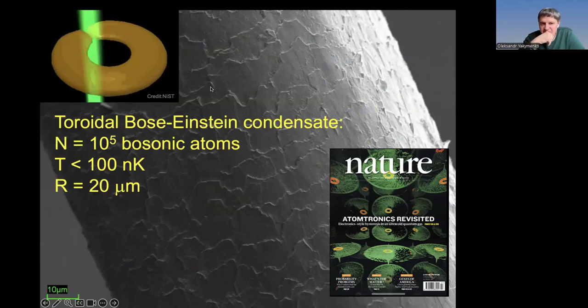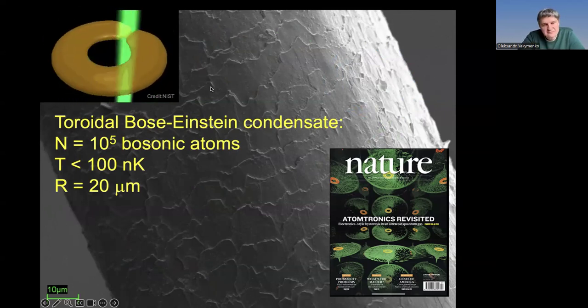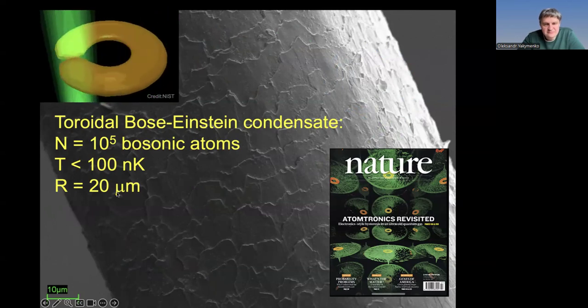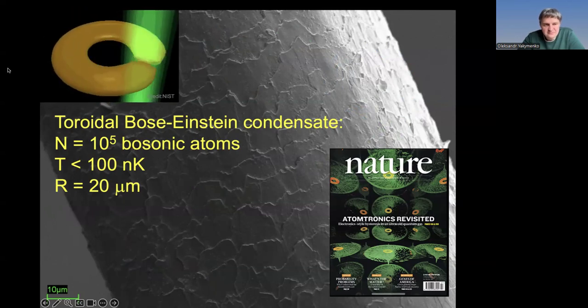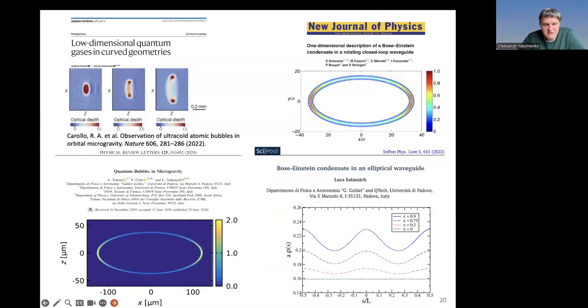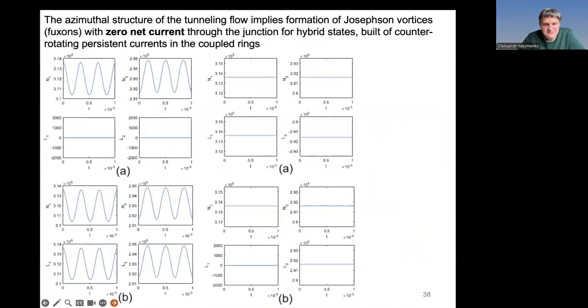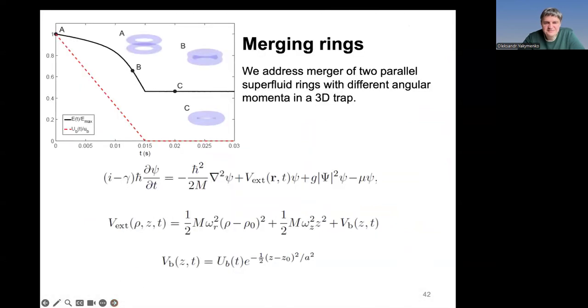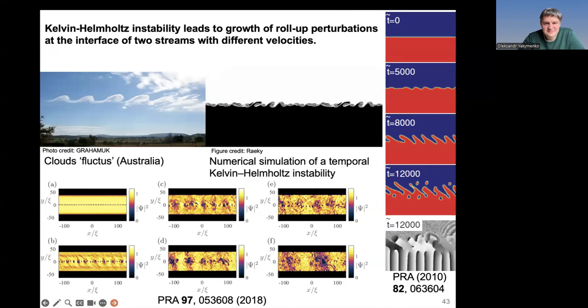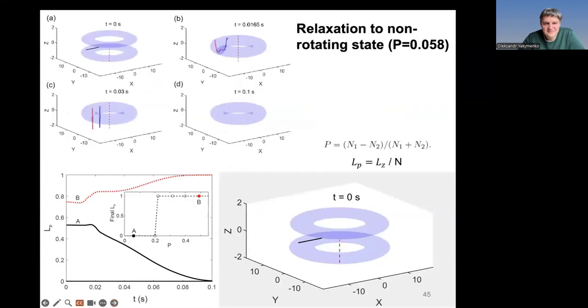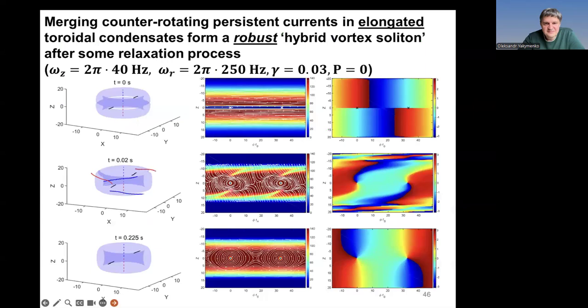Okay, thank you. I have another question. I wanted to clarify the plot, the one about the merging of two vortex rings.